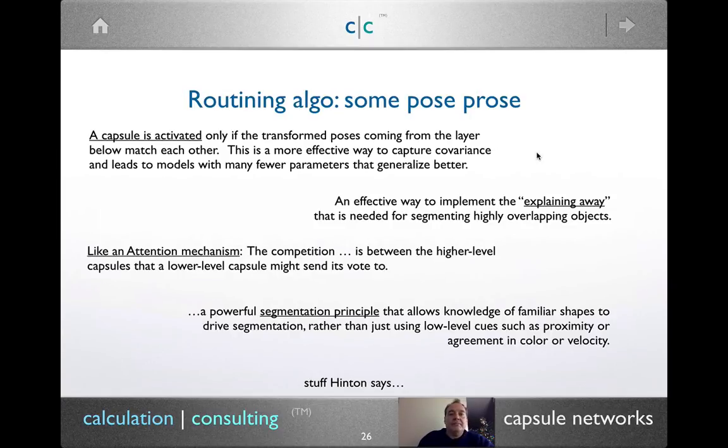So the routing algorithm, some prose, meaning I want to talk about some of the things that Hinton says. He says, well, it's just kind of ways to understand this.